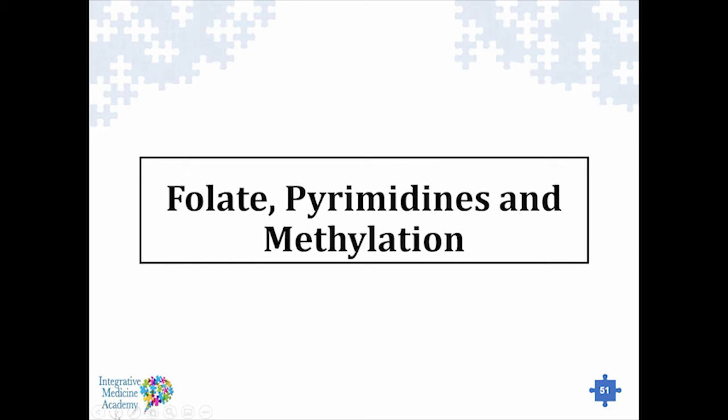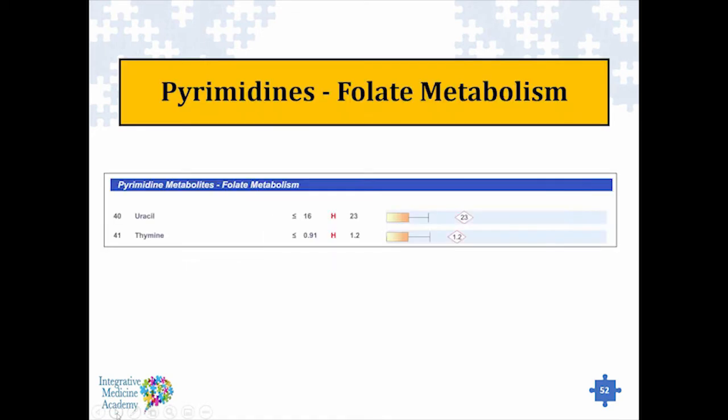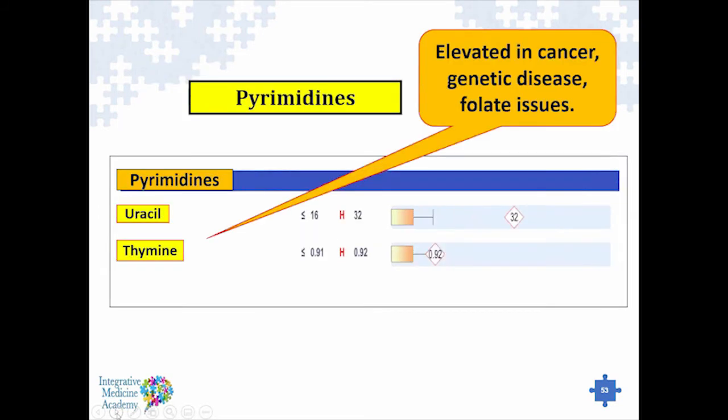Something else I want to talk about is the folate and pyrimidine methylation link. The organic acid test has a couple of markers that are indicative of folate metabolism called pyrimidines. Oftentimes you'll see either uracil and/or thymine elevated in people who have folate deficiencies.